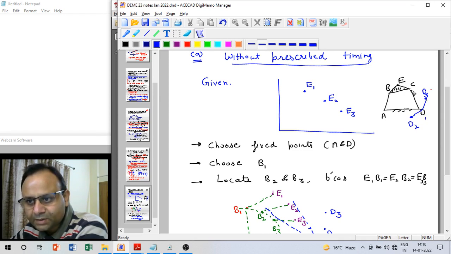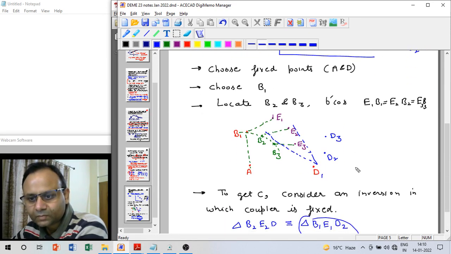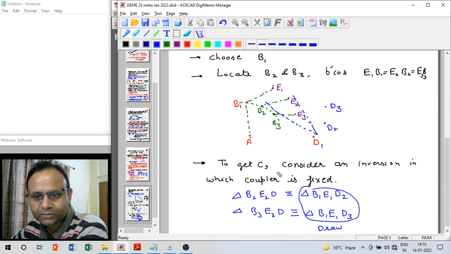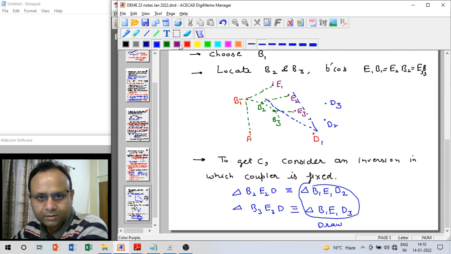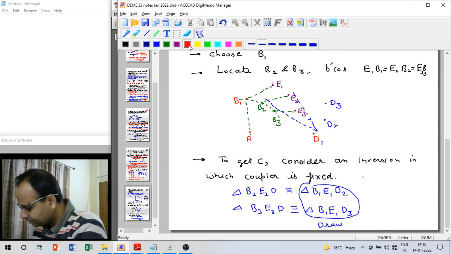It is very simple, because distance CD does not change. You can take a perpendicular bisector of D1, D2 and perpendicular bisector of D1, D3, and wherever they intersect, that will be point C. So after drawing this, to get point C, let me just complete it here.